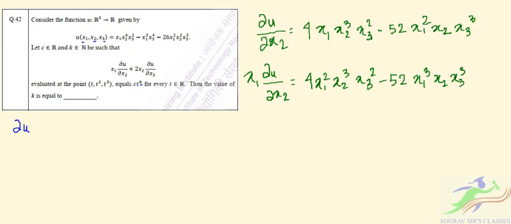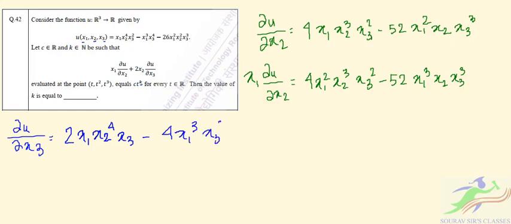Similarly, if we do del u del x3, we will get 2 x1 x2 to the power 4 x3 minus 4 x1 cube x3 cube minus 78 x1 square x2 square x3 square.